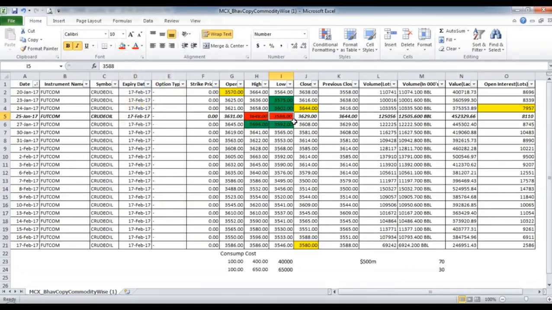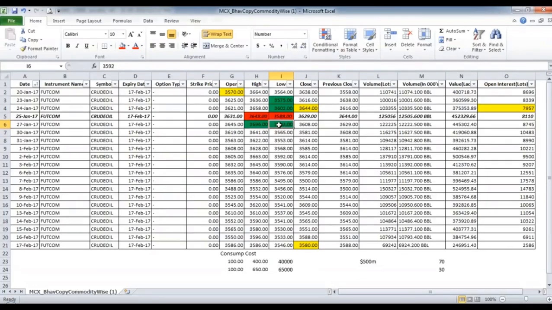Okay, fine, no problem. Now, the selling has increased and it didn't even make a low yet, right? Now, the very next day, did the selling further increase? Yes, sir. Did it make a lower low? Yes, sir.